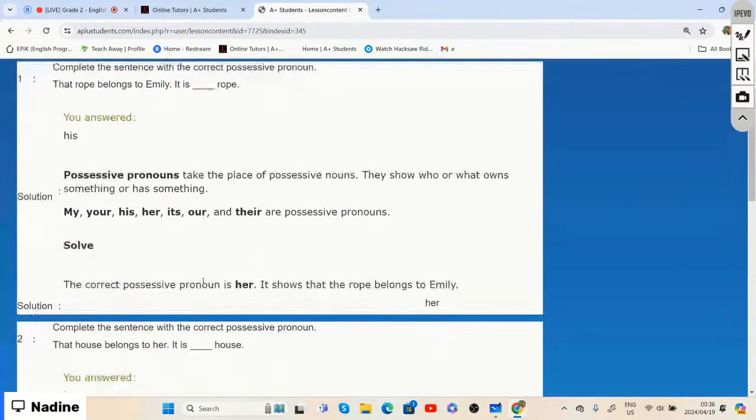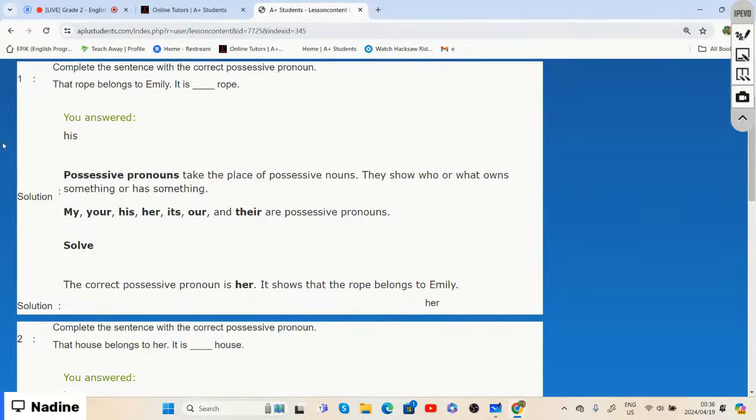Guys, so once again, possessive pronouns, right? They take the place of a noun, right? Nouns are people, places, animals, or things, right? So instead of saying dogs, cats, we say words like its. Instead of saying the person's name, Wendy, Winnie, Anna, Seth, Samuel, we can say his or her or your, my, our, or their, right?